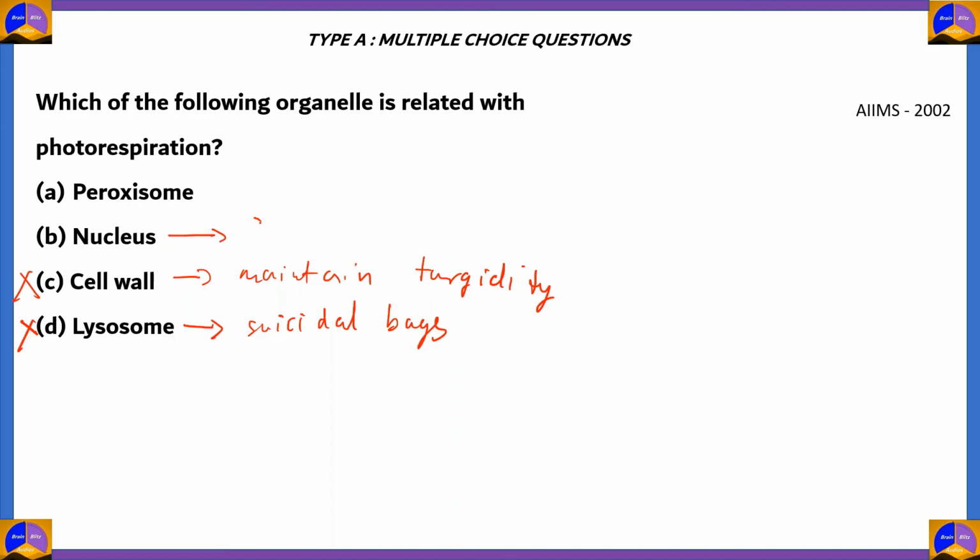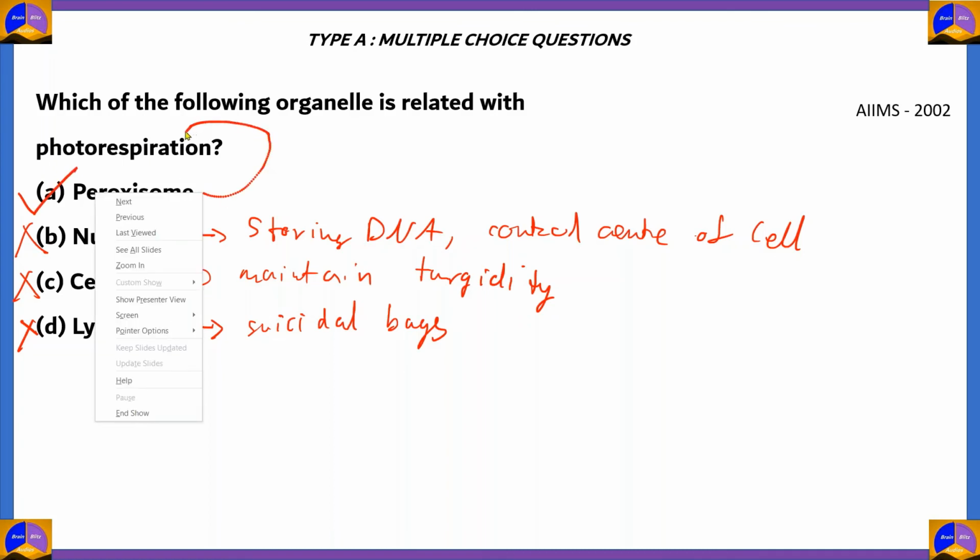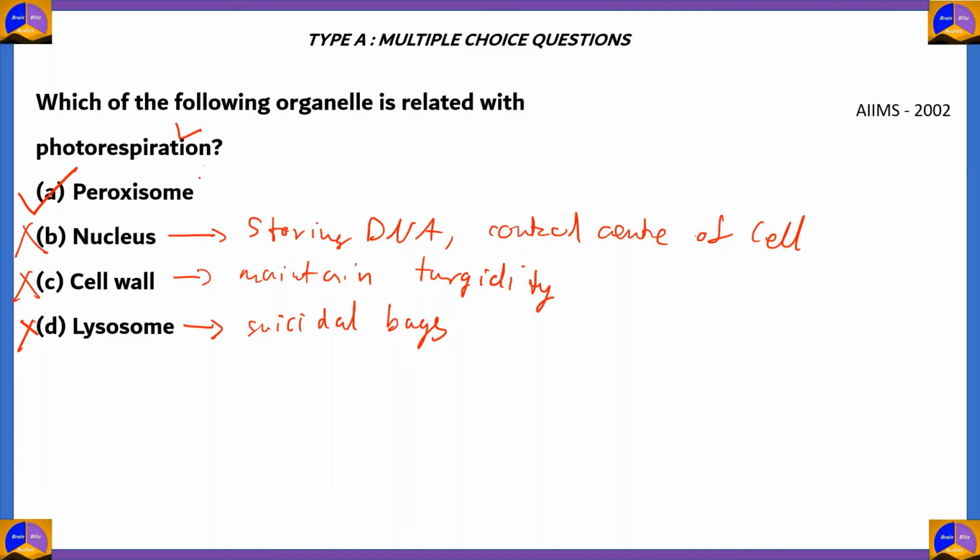Nucleus contains DNA, so it's used for storing DNA. And it is the control center of cell. And since nucleus is not related with photorespiration, option B is incorrect. The right answer is option A, peroxisomes. These undergo photorespiration.